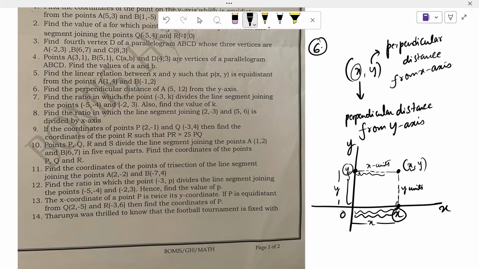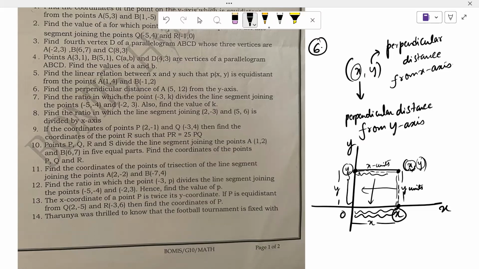For this one you have to see the x-axis, and for this one you have to see the y-axis. So this x is representing the perpendicular distance from the y-axis, and y is representing the perpendicular distance from the x-axis. See how much distance away from the x-axis, like that.